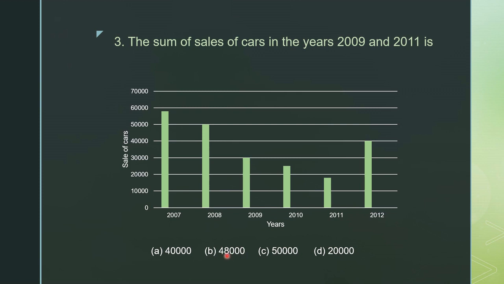So what is the correct option? If we sum this value, 30,000 plus 18,000, we get 48,000. So the correct option is B.